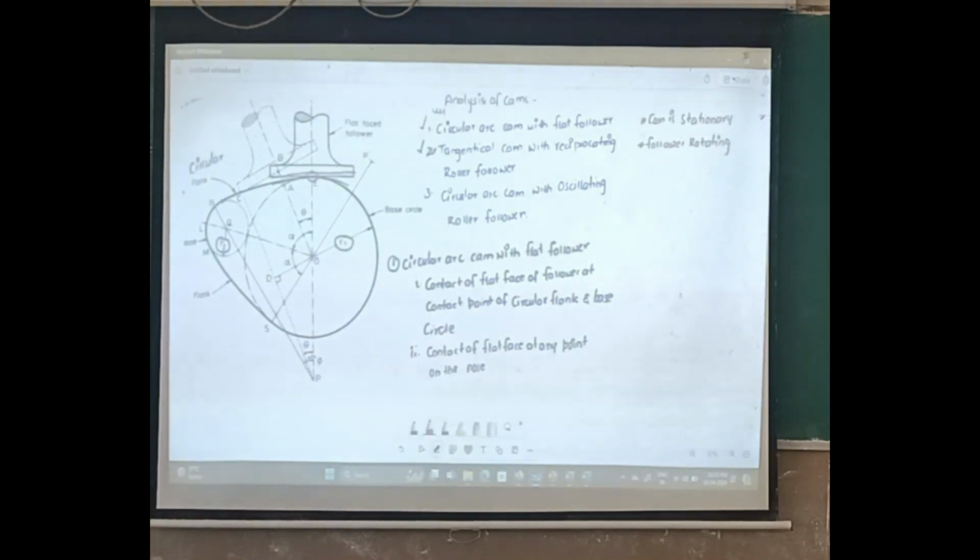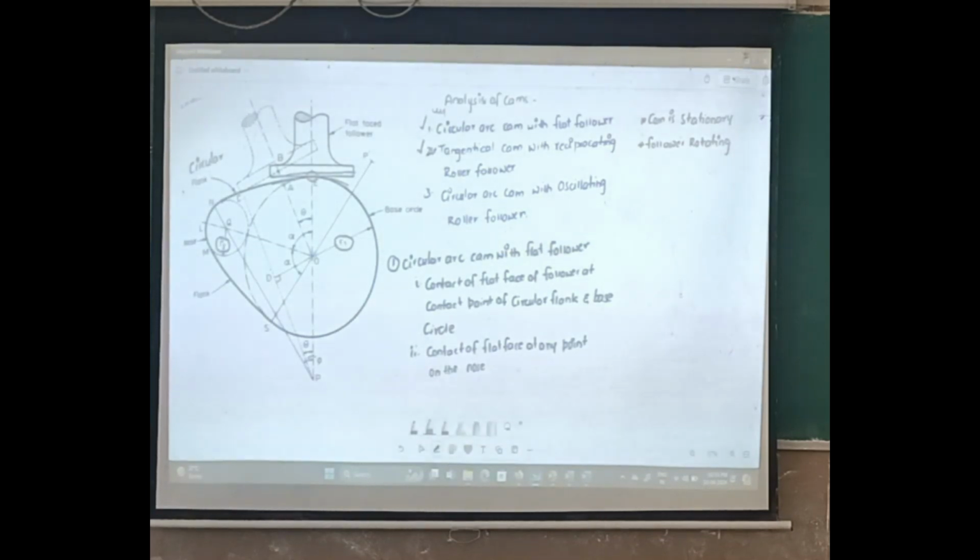Follower rotating means the solid line of the flat face follower shows the initial position. For a certain angle of displacement theta of the follower instead of the cam, the follower occupies a new position which is indicated with a dotted line.